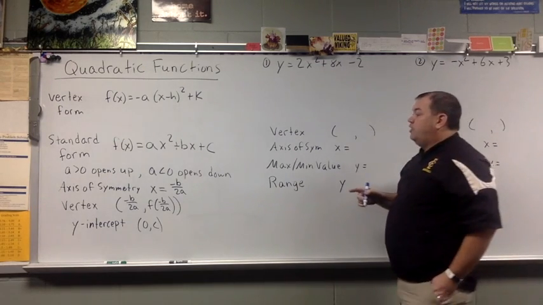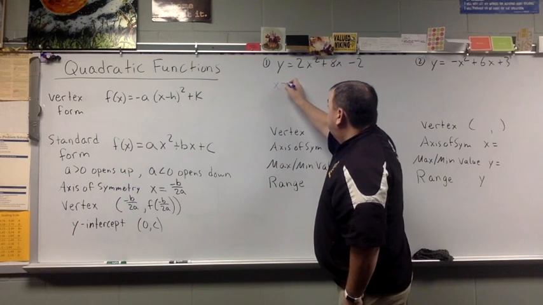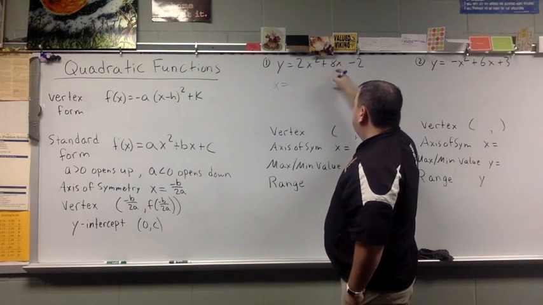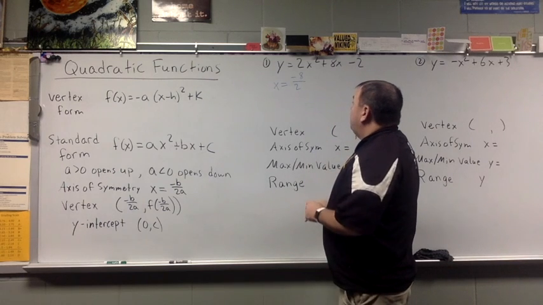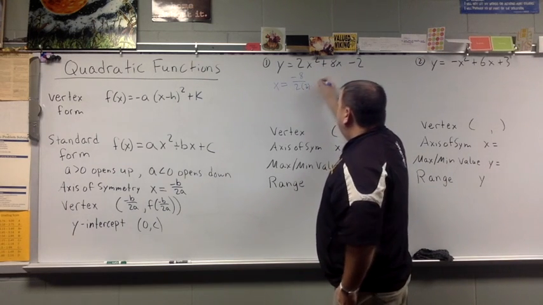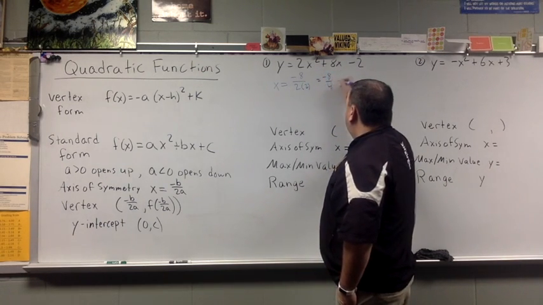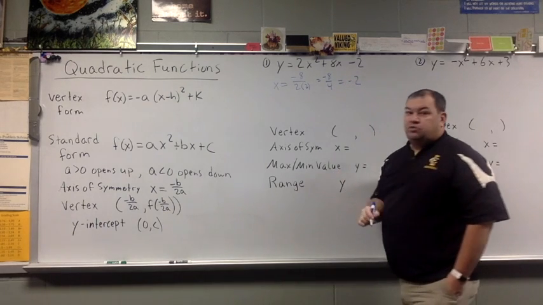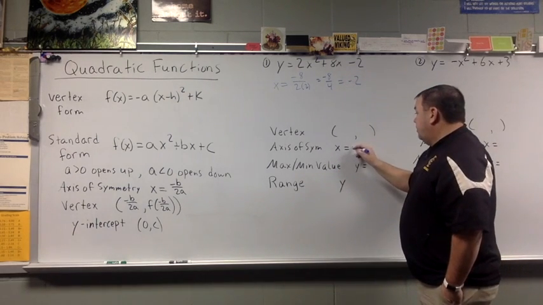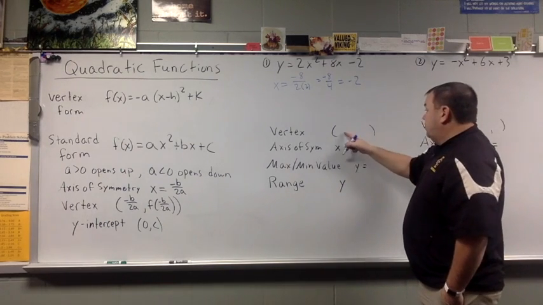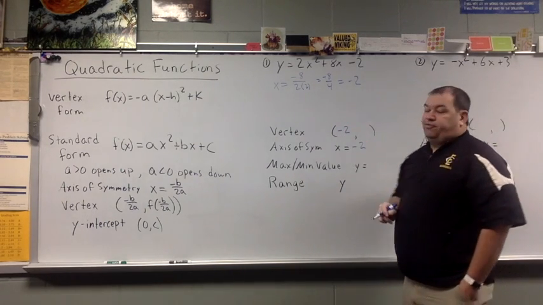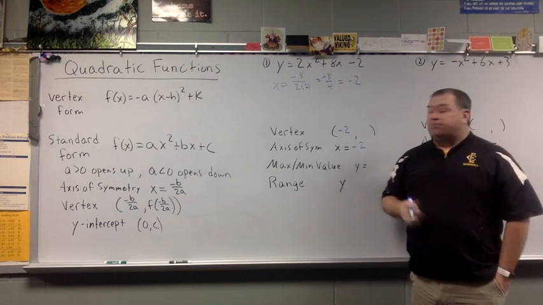So the first calculation I want to do is this one. Opposite of b, so negative 8 over 2a. A is also 2, so I get negative 8 over 4, which is negative 2. So I now know the axis of symmetry is negative 2, and I also know that the vertex, half of it, is negative 2.